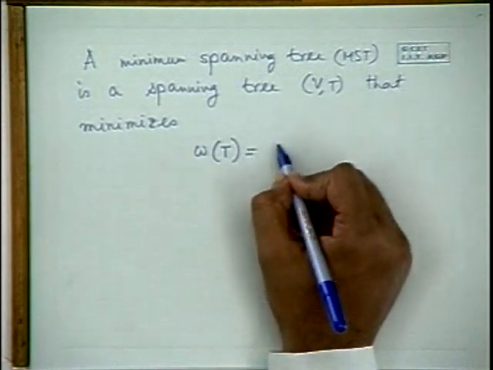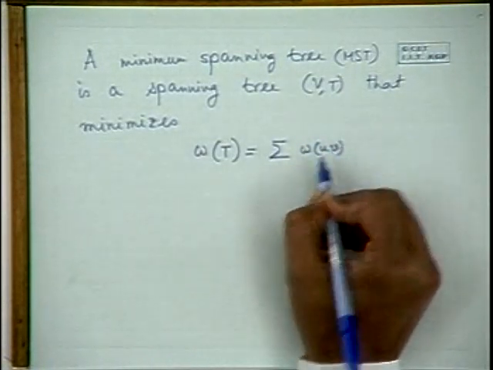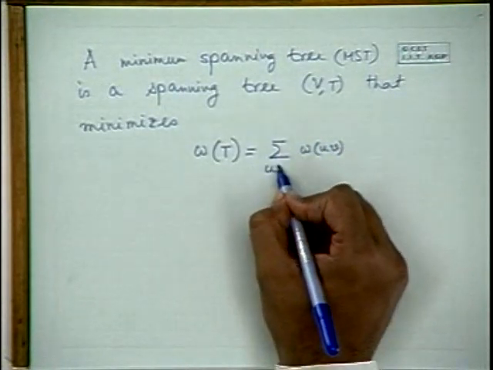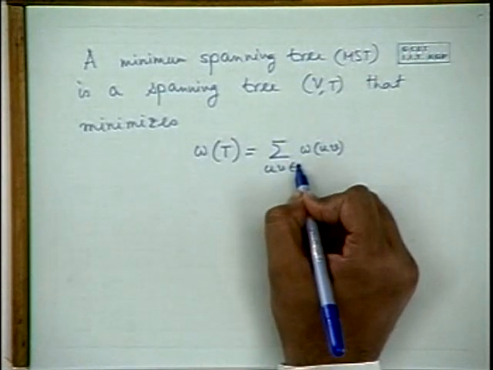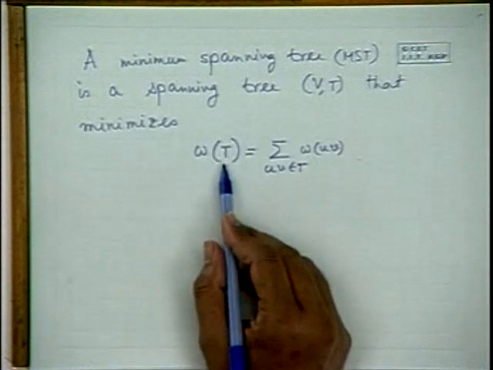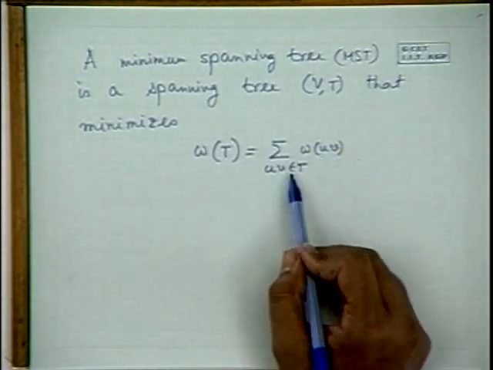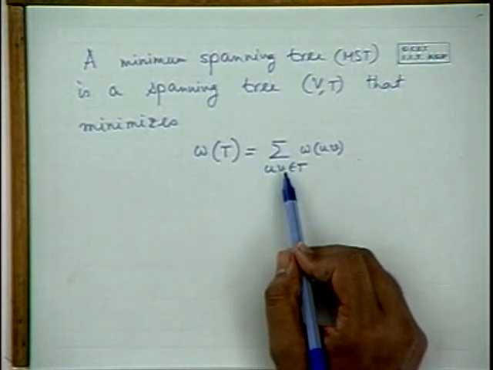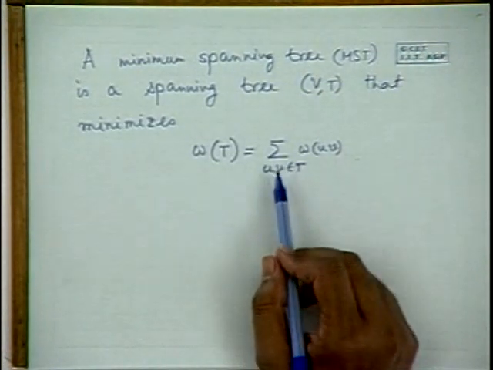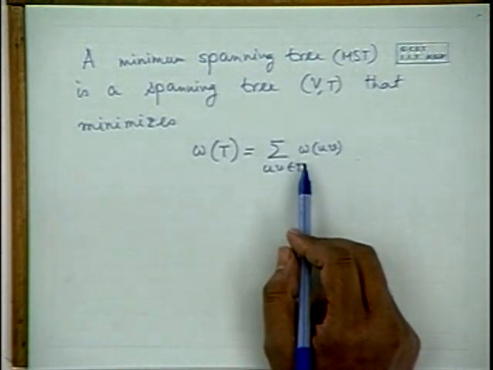It is basically the summation of all edge weights (u, v), where (u, v) belongs to T. So you take a spanning tree, its weight is nothing but the summation of all its edges. And what is a minimum spanning tree? It is that spanning tree which has the minimum weight among all possible spanning trees.